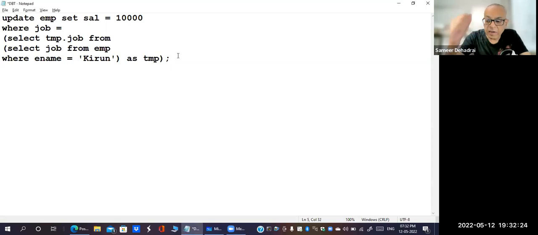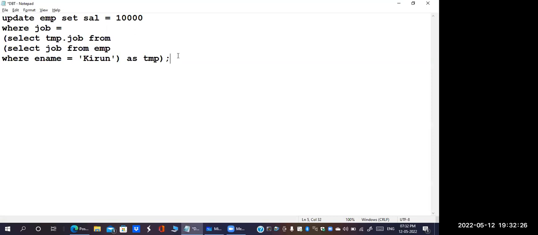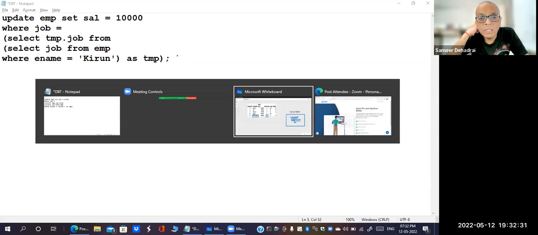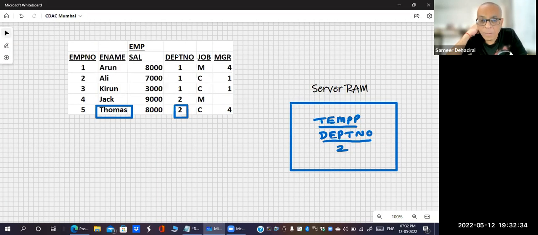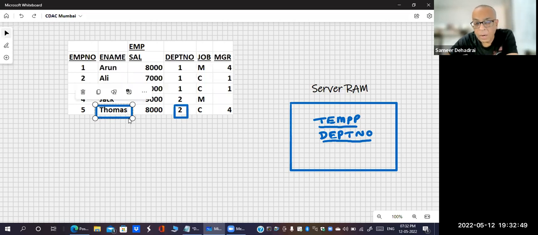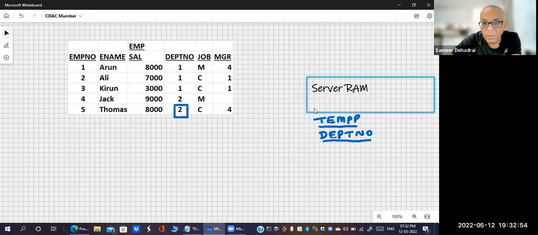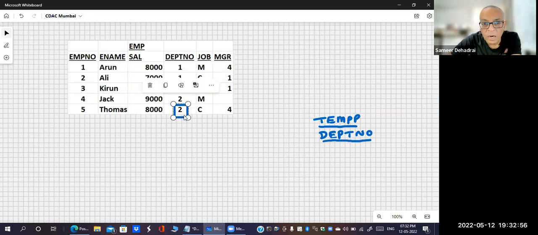So all the examples we did up till now, students, my subquery was returning only a single row. Either my subquery was returning the minimum sal, or the maximum sal, or the department number of Thomas, or the job of Kiran.